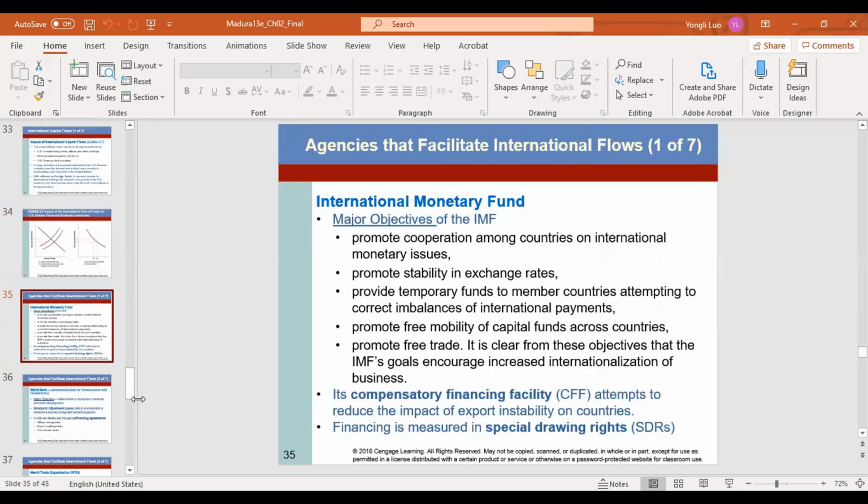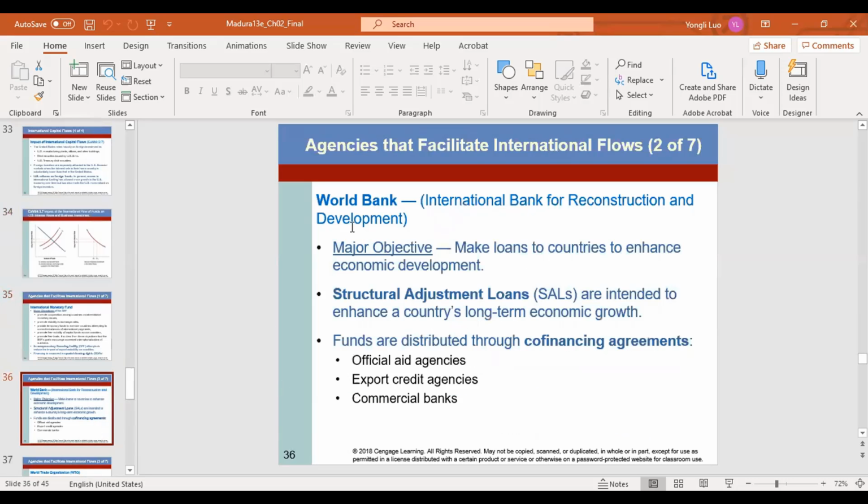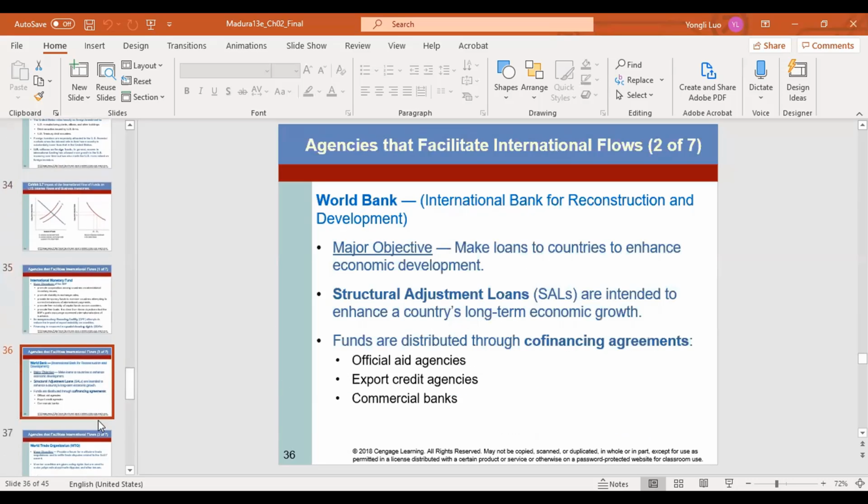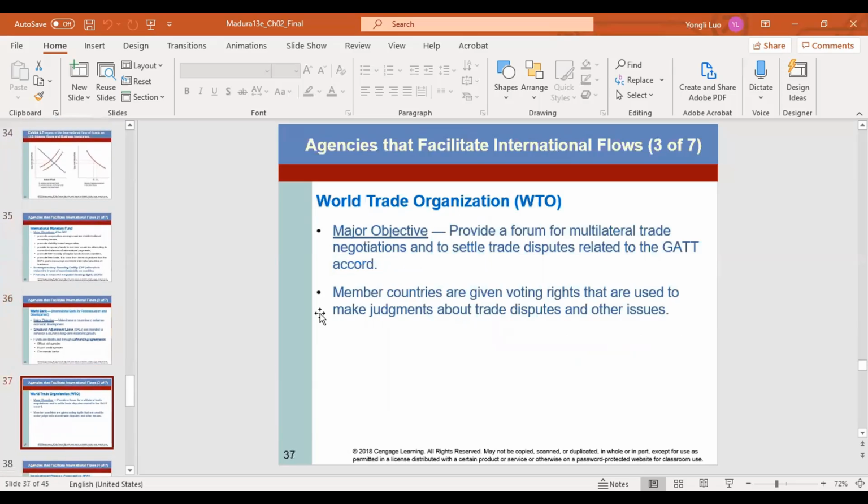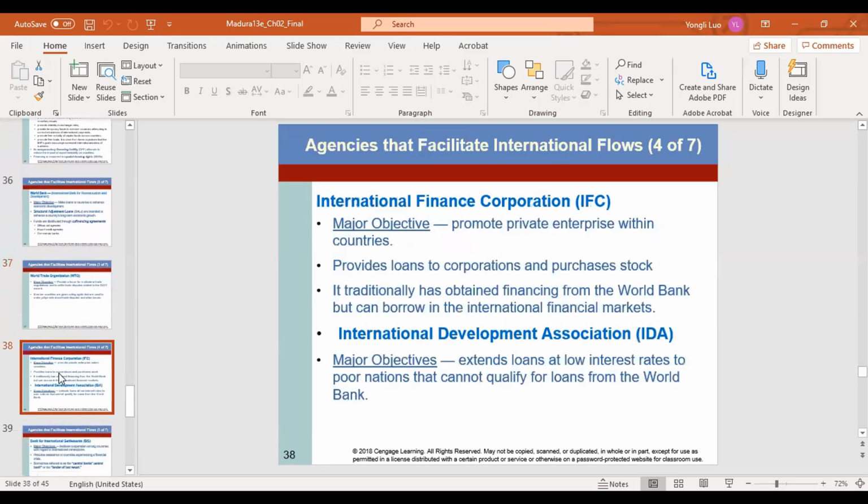Agencies that facilitate international flows include the International Monetary Fund, IMF, World Bank, World Trade Organization, WTO, International Finance Corporation, and International Development Association.